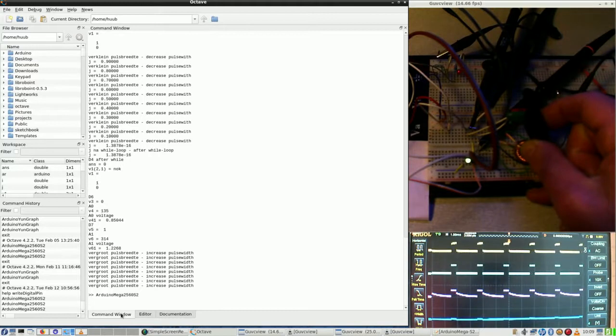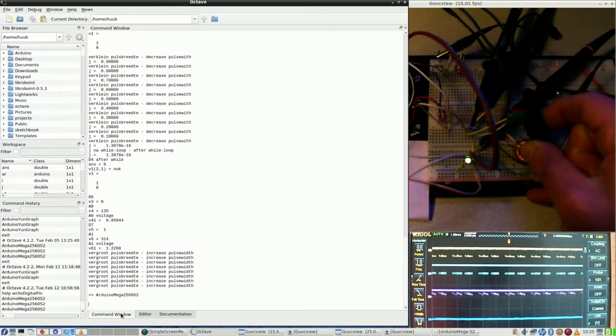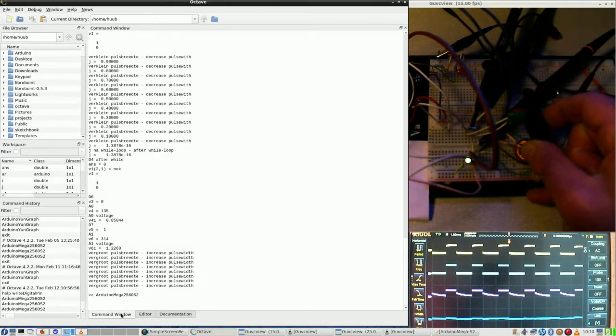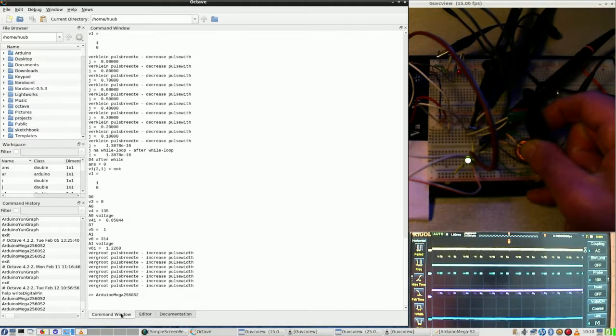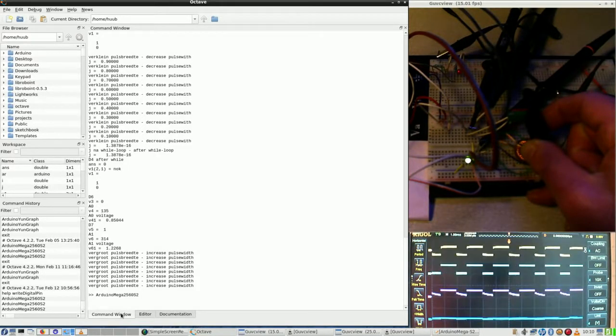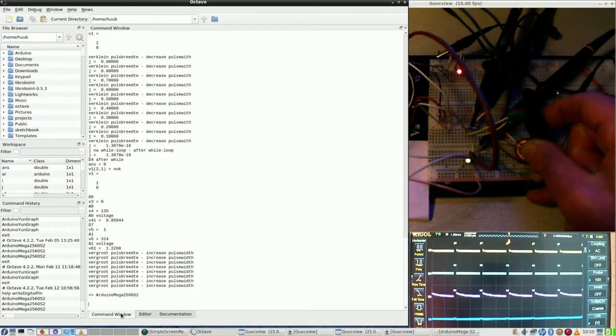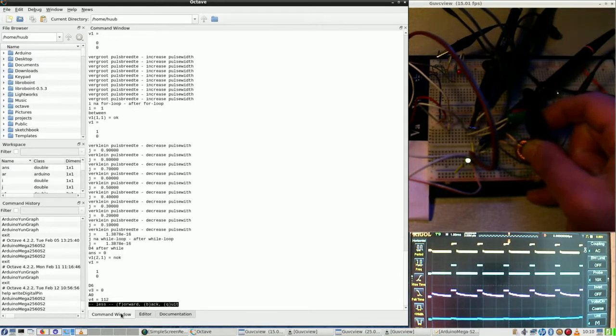Yep, that's one cycle. Second cycle. And upon the third cycle completed, yes, thank you, and end.